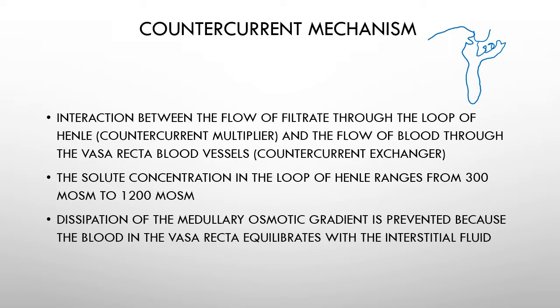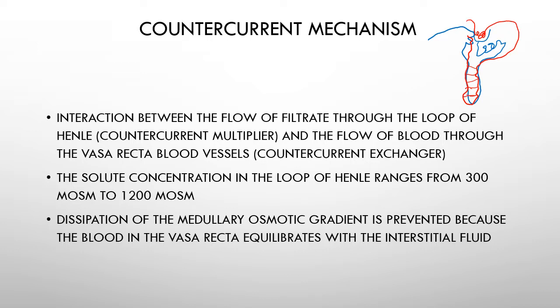And as we go through there, remember back to when we were talking about the blood vessels, the vasa recta is connected to our efferent capillaries that come out of the capsule. That vasa recta connects the two sides of our loop of Henle.